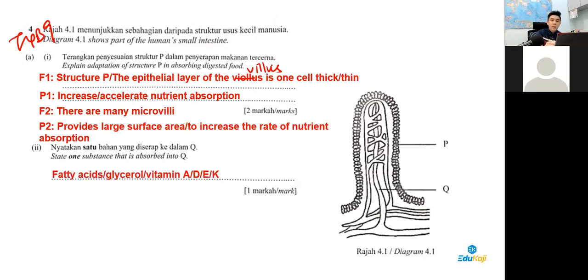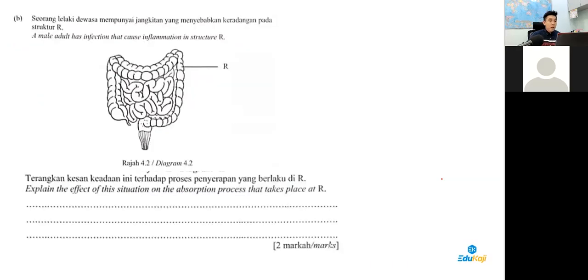All right, and guys, Q is lacteal. If you remember, lacteal absorbs glycerol, fatty acids, or vitamin A. Next, explain the effect of this situation on the absorption process.